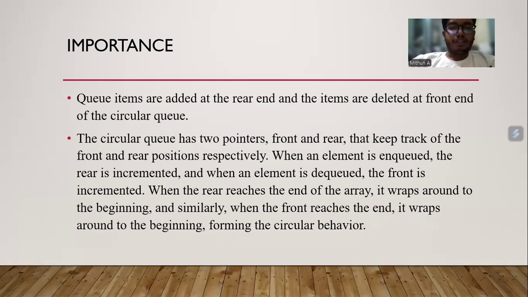When an element is dequeued, meaning an element is deleted, then the front is incremented. When the rear reaches the end of the array, it wraps around to the beginning, and similarly, when the front reaches the end, it wraps around to the beginning, forming the circular behavior.